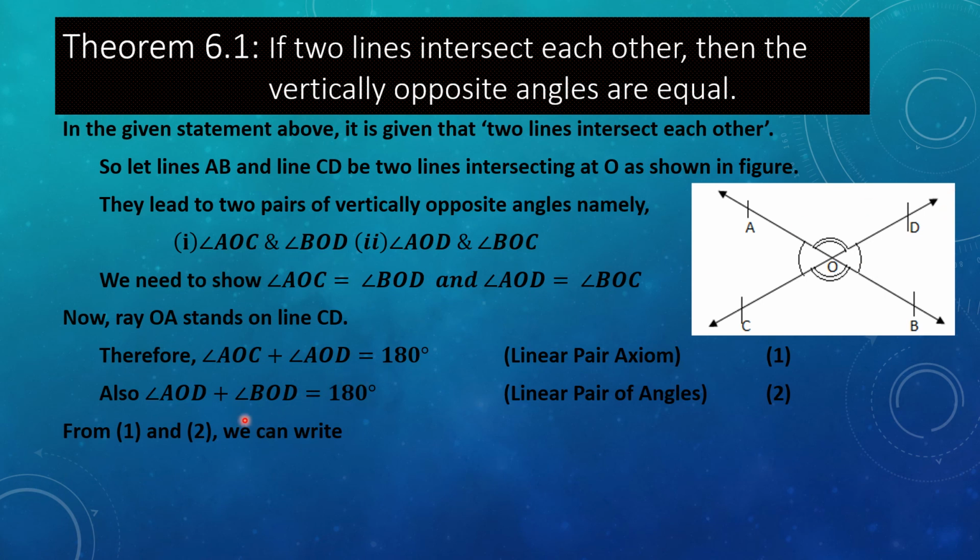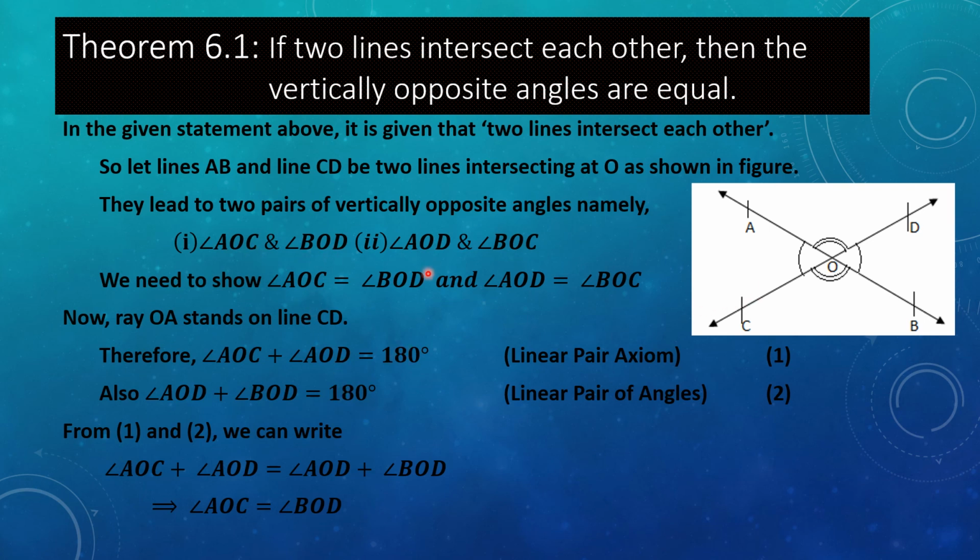Now from 1 and 2 we can write that these two equations have 180 on the right hand side. So I can equate these two equations as AOC plus AOD is equal to AOD plus BOD. Now cancelling AOD on both sides, we get AOC is equal to BOD, which we had to prove.